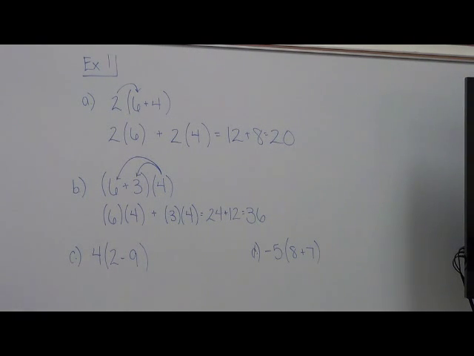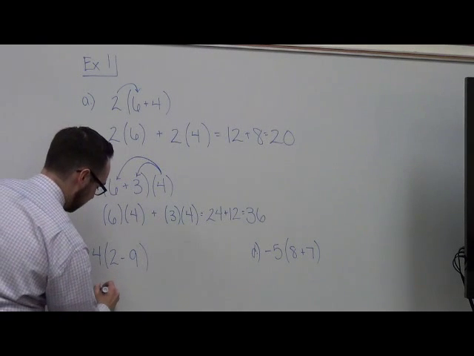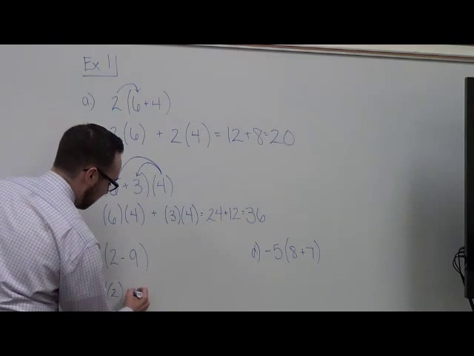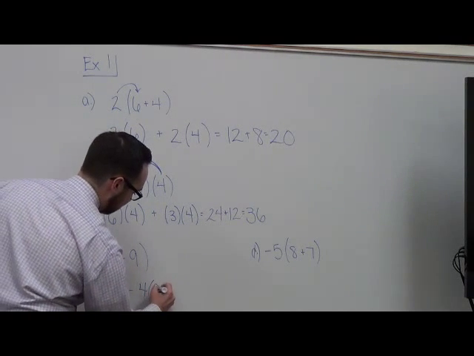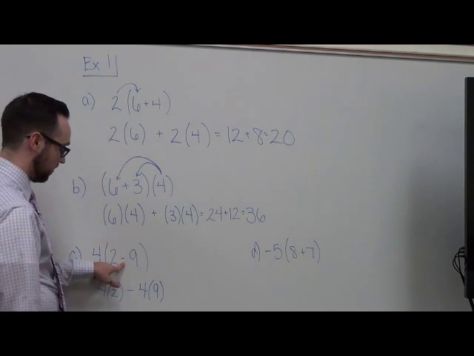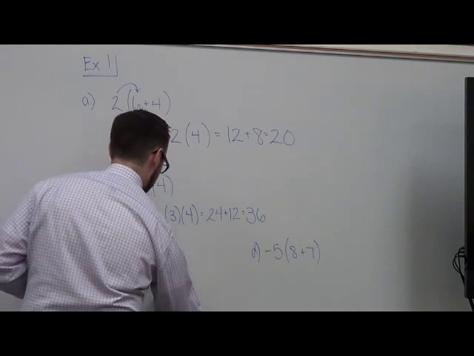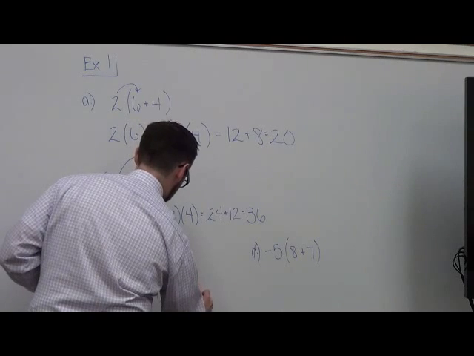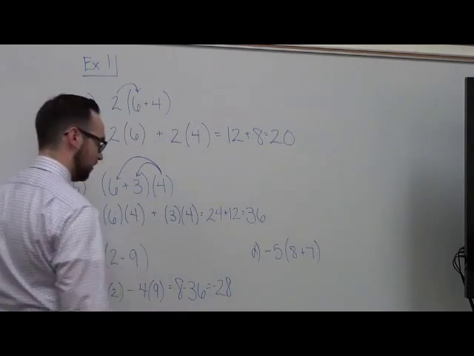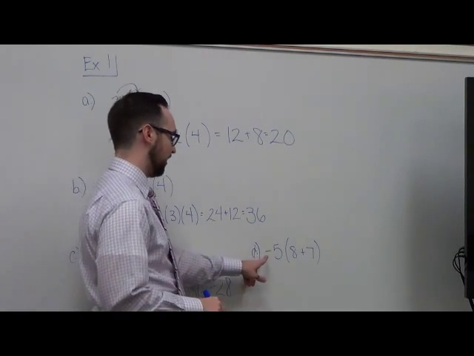So taking a look at the first one, we have 4 times 2. And then you keep this sign, so it would be minus, and then we have 4 times 9. So even though the 4 is positive, you want to keep the sign that's there and follow through. So we end up with 8 minus 36, which will give us a negative 28. Then for that last one, you distribute a negative 5.